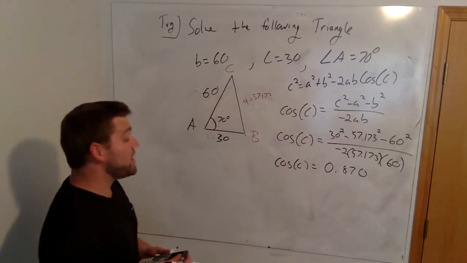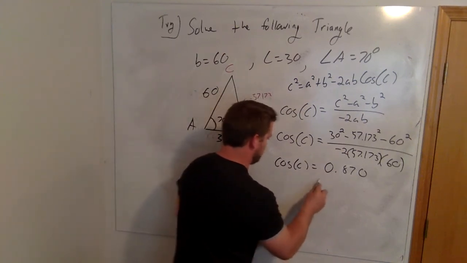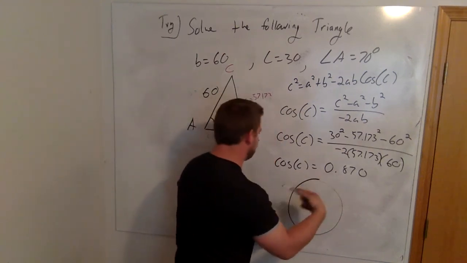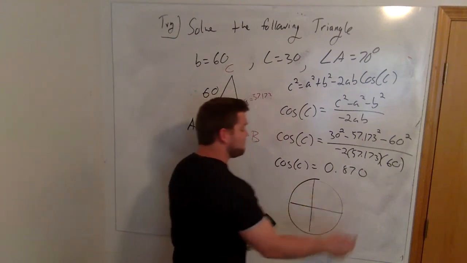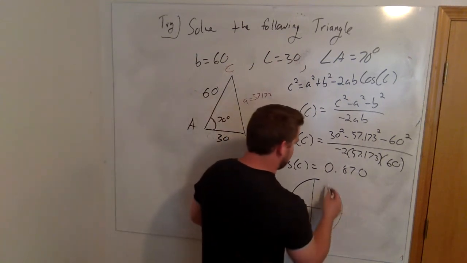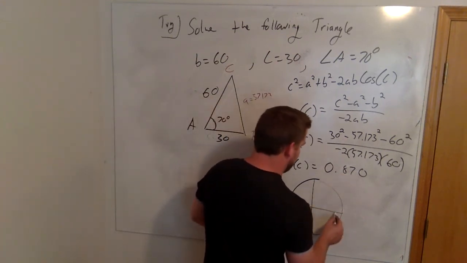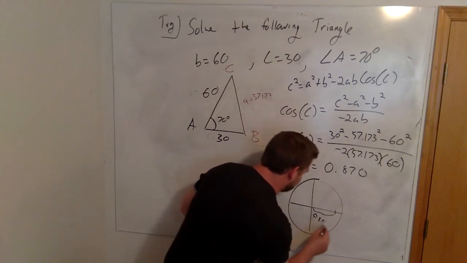Okay, right off the bat, since I'm looking at drawing the unit circle, now you don't have to do this step. You could have just done the cosine inverse of both sides to figure out angle C. But I'm noticing that I should be getting out an acute angle. I'm looking for an x coordinate that's 0.870. This distance here is 0.870.